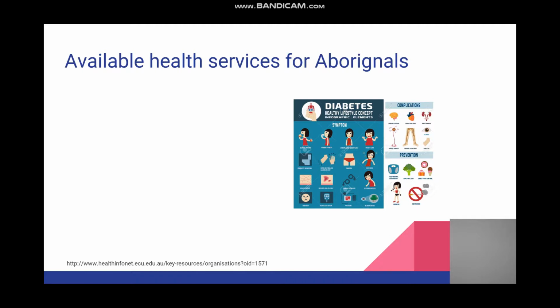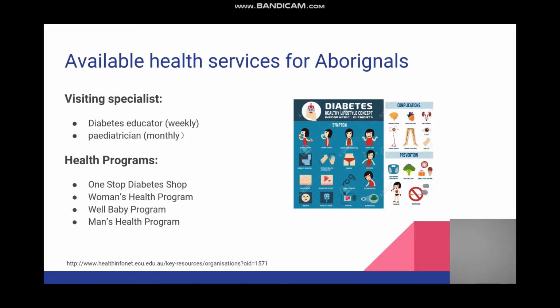According to the Draft National Framework for Health Services for Aboriginal and Torres Strait Islander children and families, a few culturally competent care approaches are now available, including family-centred care, relationship-based care, and trauma-informed approaches. It now provides specialist weekly services including diabetes educators and pediatricians for children's health care and education. Moreover, it also supports various health programs such as one-stop diabetes shops and the Web Baby program.